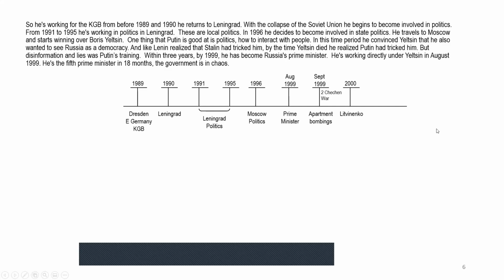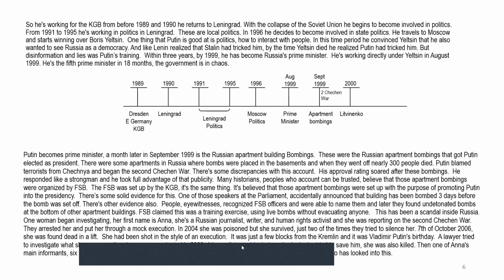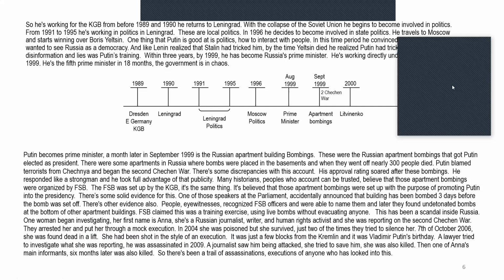See the line? 1989 to the year 2000. So this is the transition that was going on with Putin also, and how he was going to rise to his power.